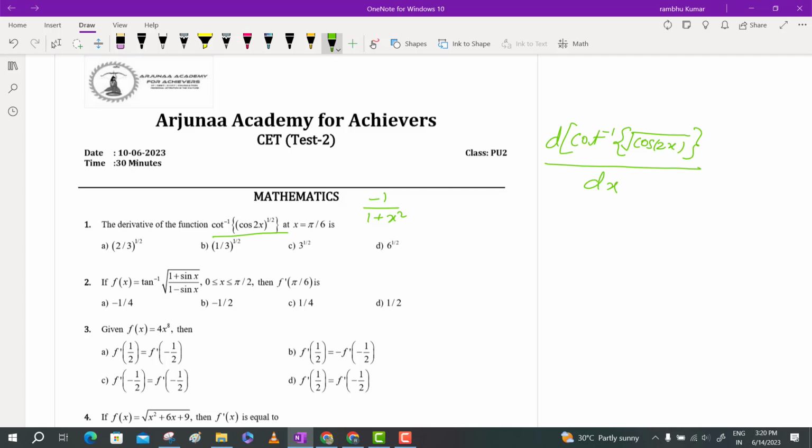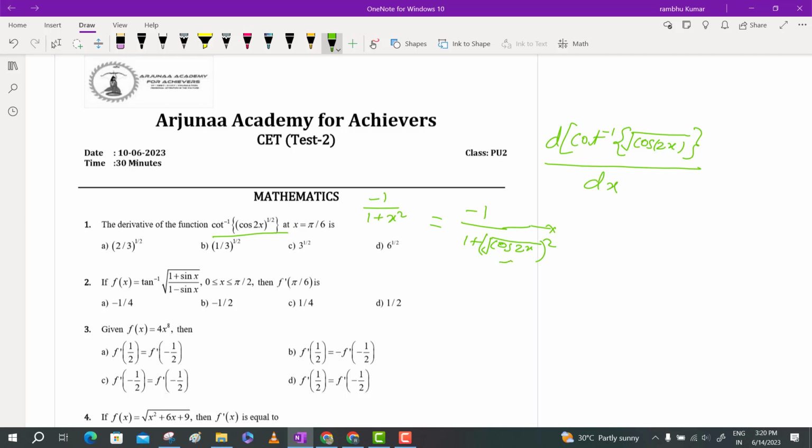To apply the chain rule, first differentiate cot inverse with respect to root cos 2x, which is nothing but minus 1 by 1 plus, taking root cos 2x and then whole square, into the differentiation of root cos 2x.